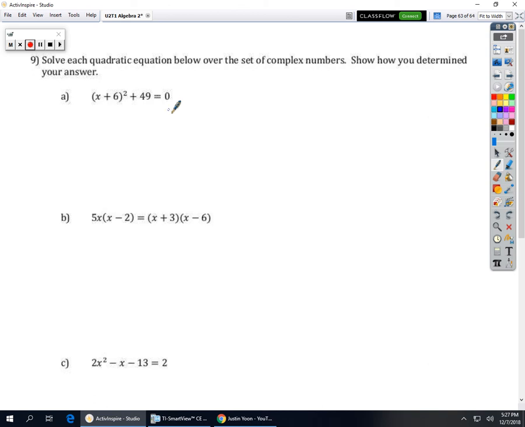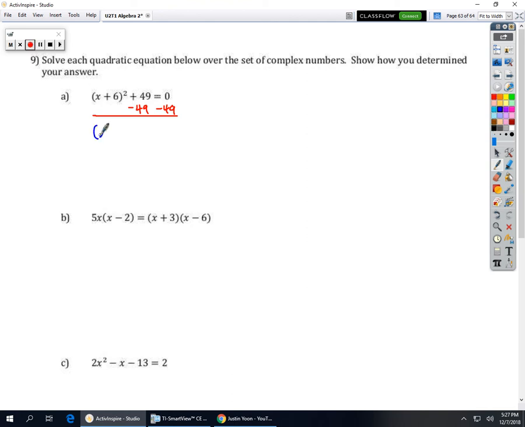Let's look here then. You could have multiplied this out, but it might be easier to just subtract the 49, because when you do that, you are allowing it to be solved by using square roots, the nicest method to solve.